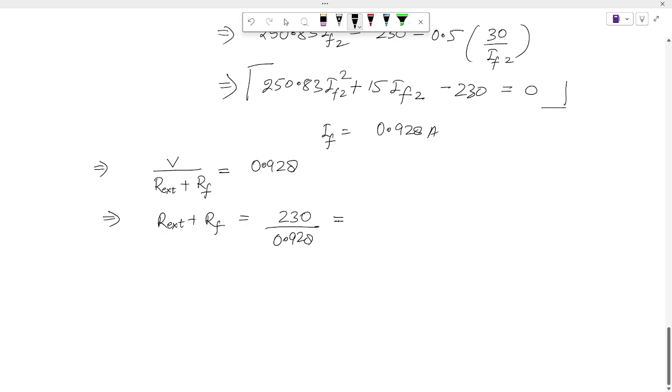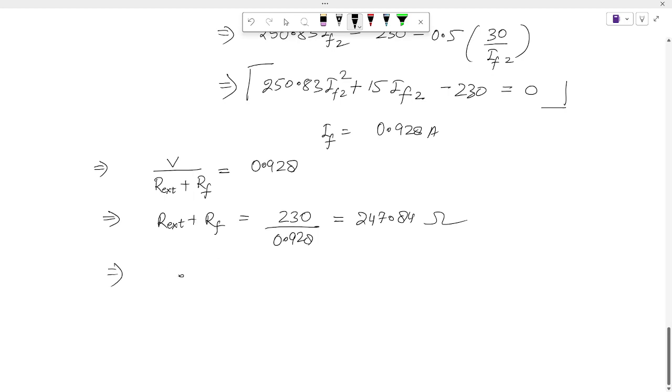What is the value? 247.84 ohms. So initial value of RF is already given.